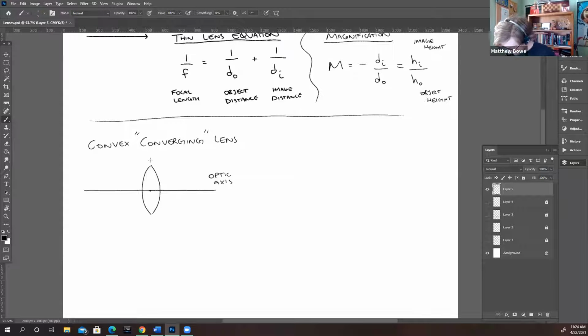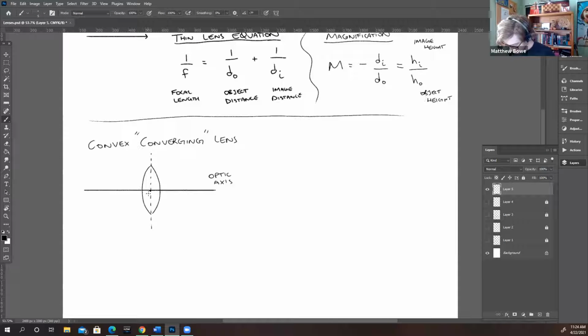If you look at this lens, if I go right down the middle along the dotted line, you see it's symmetric on both sides. It's round on one end, and round on the other end. Because of this geometry, if you remember last week, however light hits a surface dictates how it will bend.